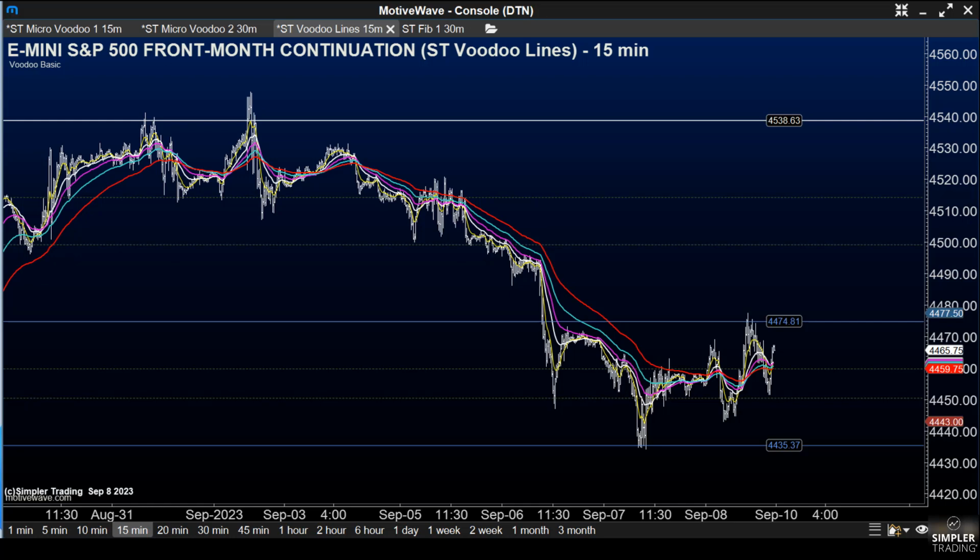This expires the third Friday in September, which is next Friday, and it will stop trading at the cash open next Friday. And at that point, the earliest to expire contract, which will be trading, is the December contract.